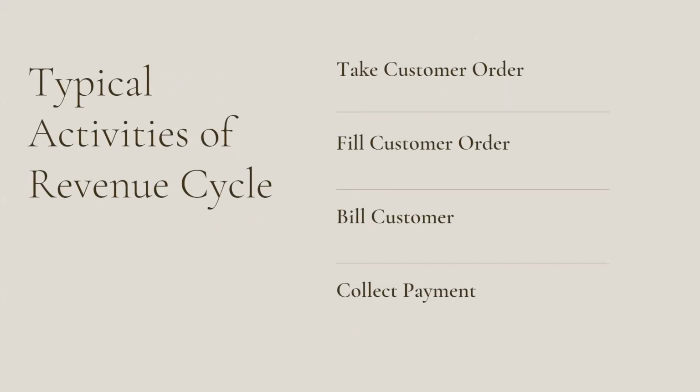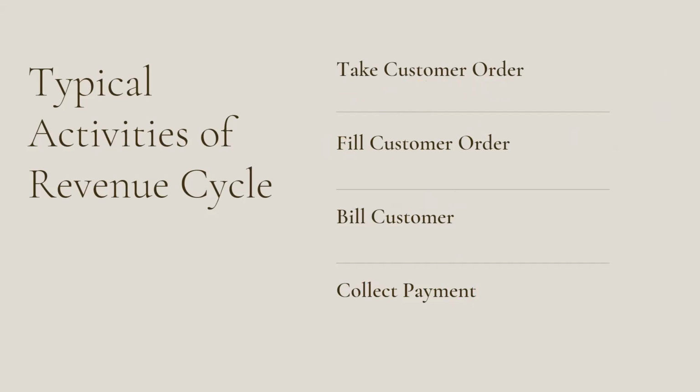So first one, we need to identify relevant events, which are typically the activities in the revenue cycle. For this one, they include: take customer order, fill customer order, bill customer, and then collect payment. So for take customer order, taking the customer order doesn't involve giving or taking a resource.